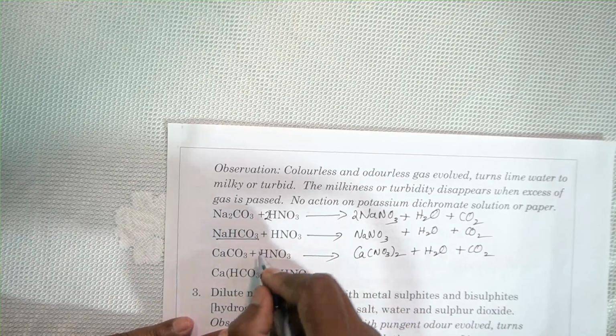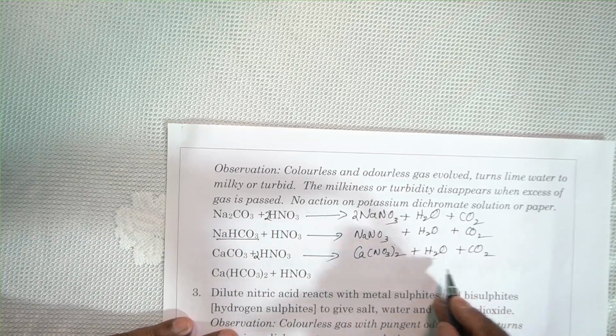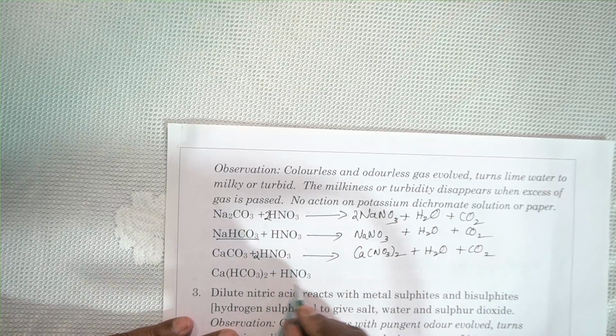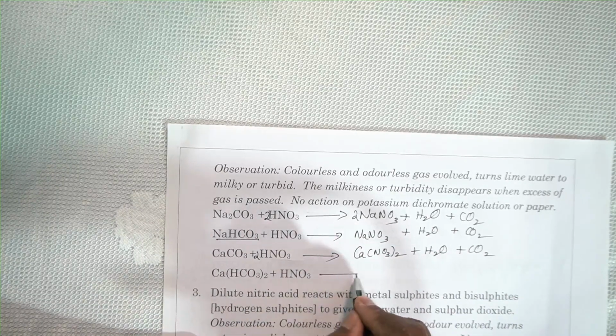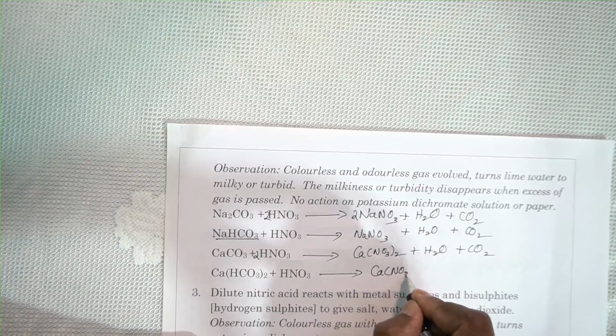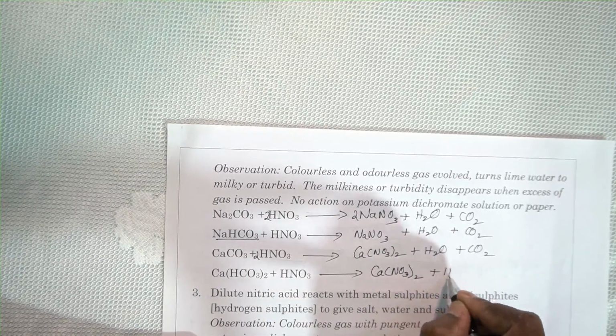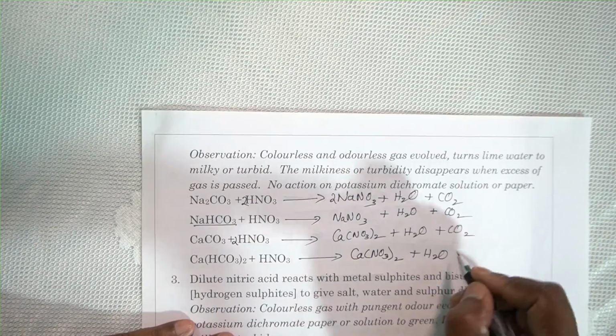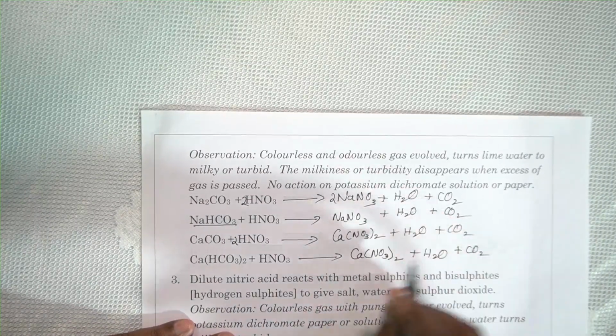So 2 HNO3 will be required, H2O and CO2. It is also balanced. Calcium bicarbonate, Ca(HCO3)2, gives Ca(NO3)2, calcium nitrate, and water, and you have CO2, carbon dioxide.